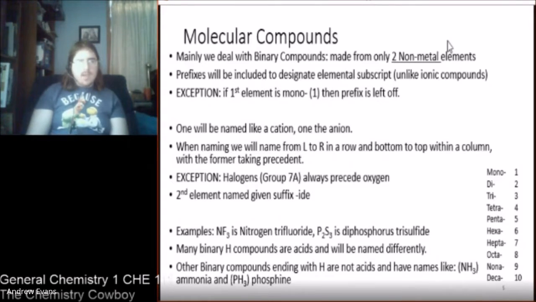We could have NO, NO2, NO3, N2O. All of these would be a nitrogen oxide compound, but without any way of separating them, how do you know which one I'm talking about?